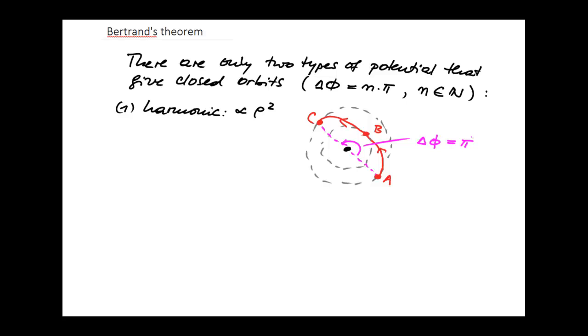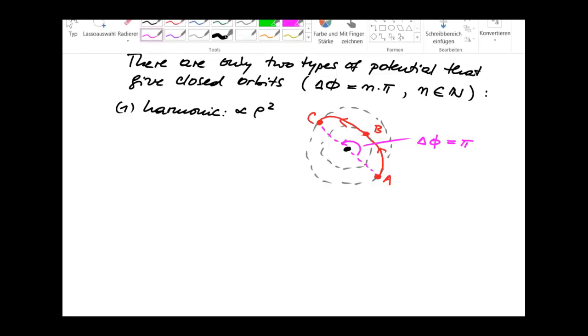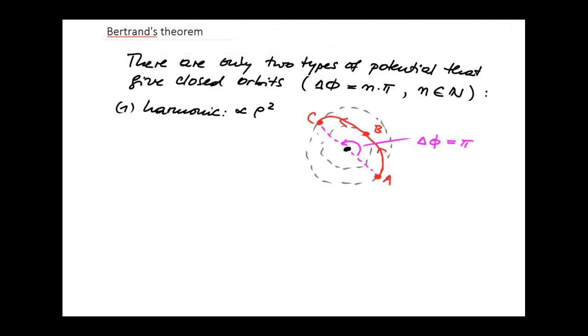And the point C is exactly on the opposite side of the center of the potential. And then you see, when the body continues, it will necessarily return after it has gone full circle around.